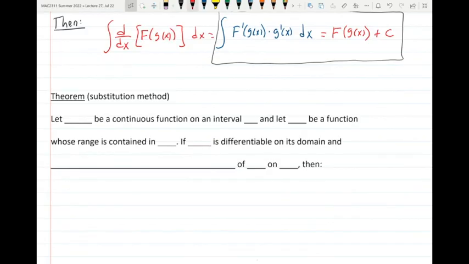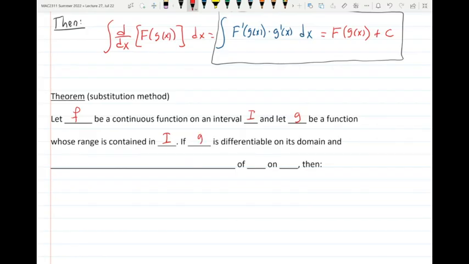So suppose that you have a continuous function. So let f be a continuous function on an interval I. And suppose that g is a function whose range is contained in this interval. In other words, the range of g is part of the domain of f. Okay.